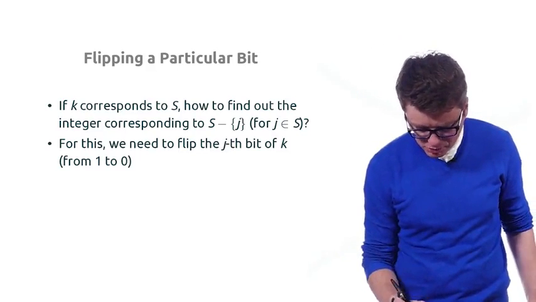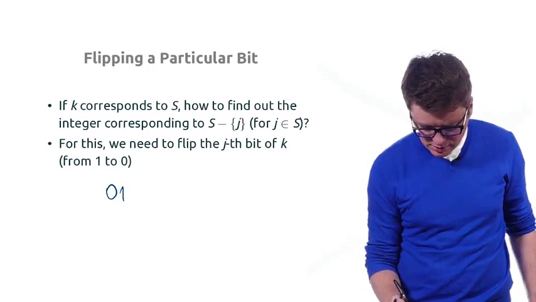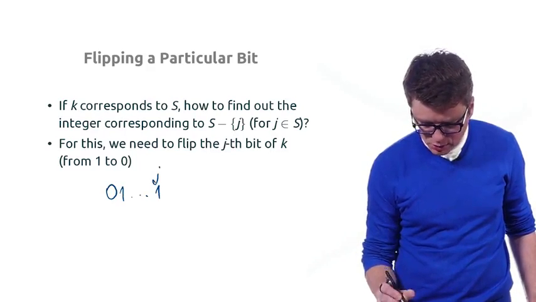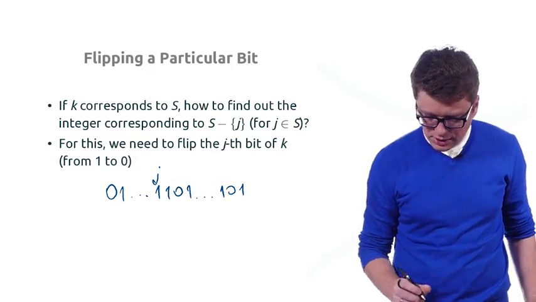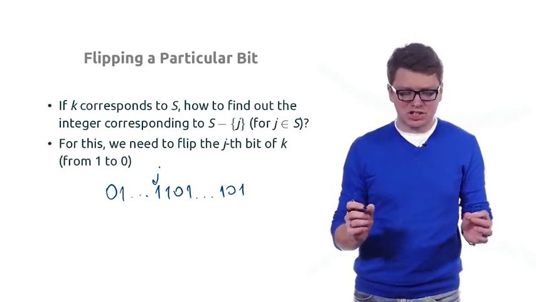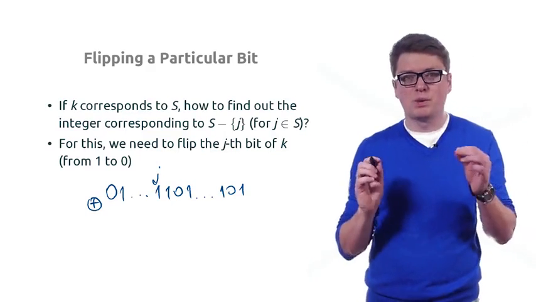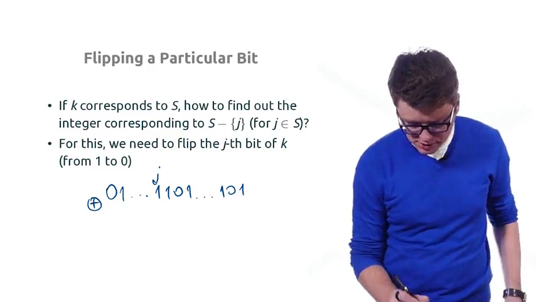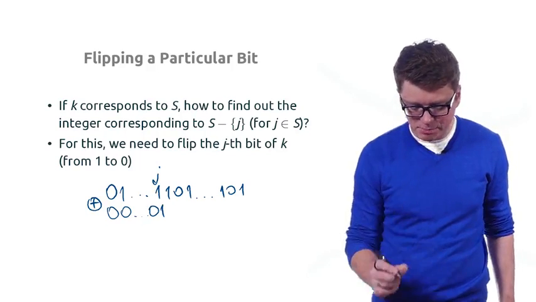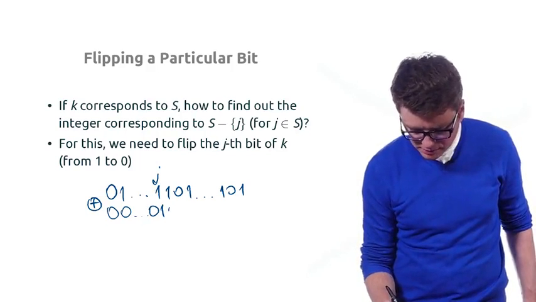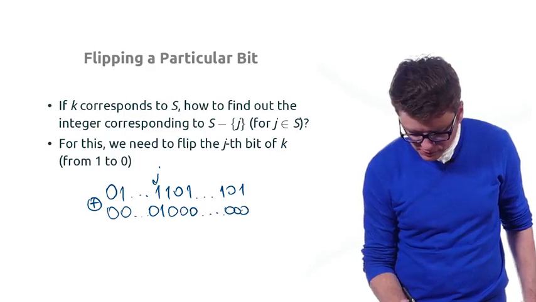If we have a number in binary like this, which has 1 in the j-th position, and we would like to flip it, this is actually the same as computing the bitwise parity, or the bitwise XOR, with the following number. It has 0 everywhere except for the j-th position.